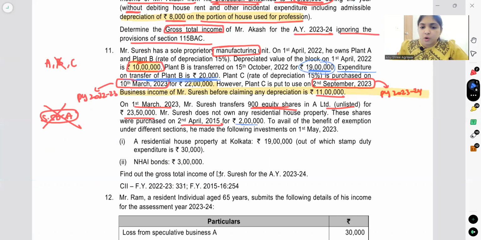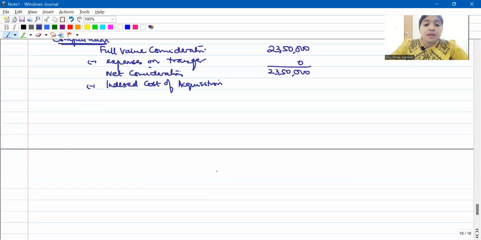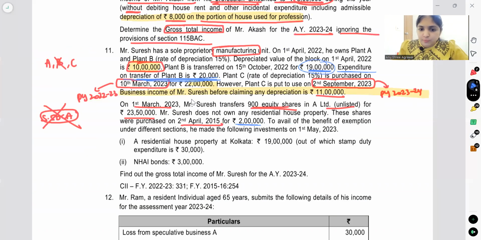The question says we had acquired the shares for 2 lakhs on 2nd April 2015. Now, what's the formula for indexing the cost of acquisition? Cost of acquisition into CII of the year of transfer divided by CII of the year of acquisition.